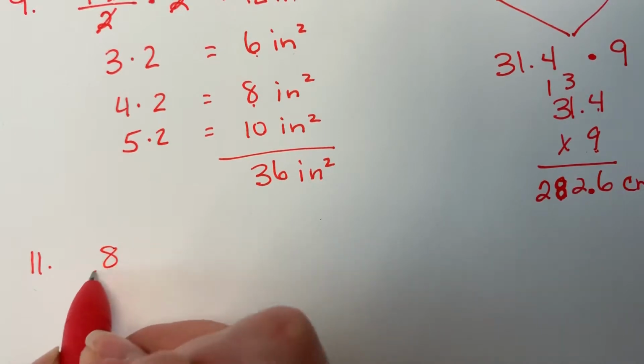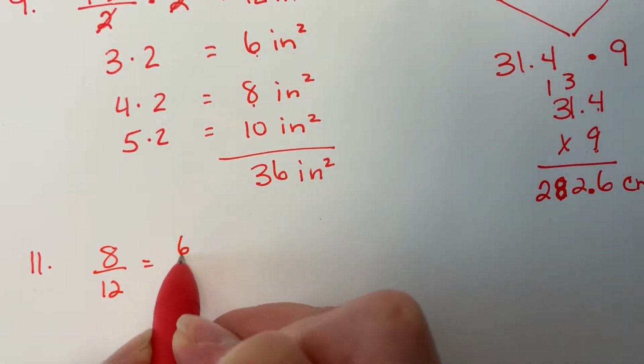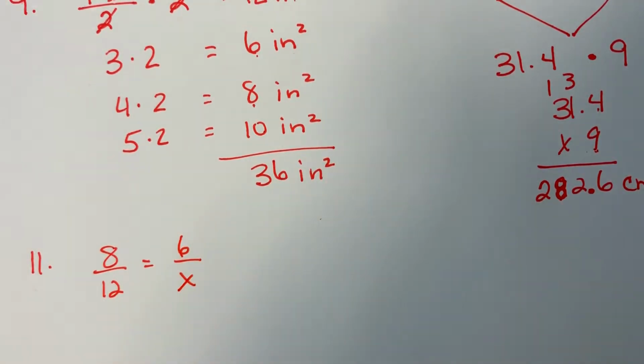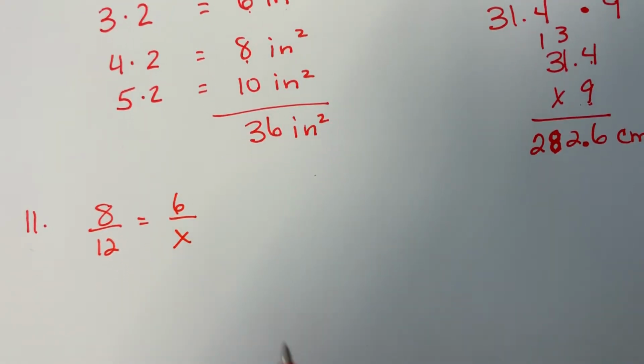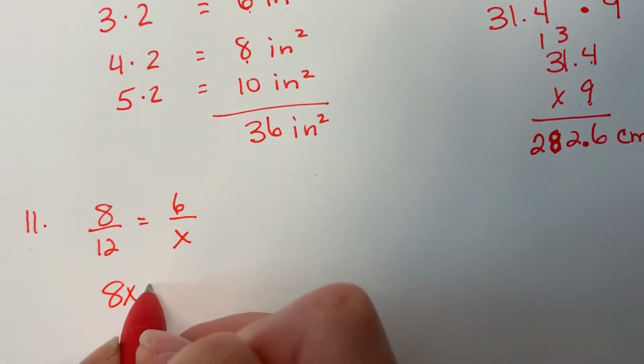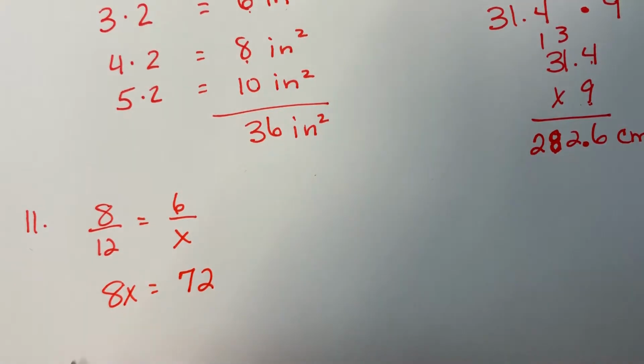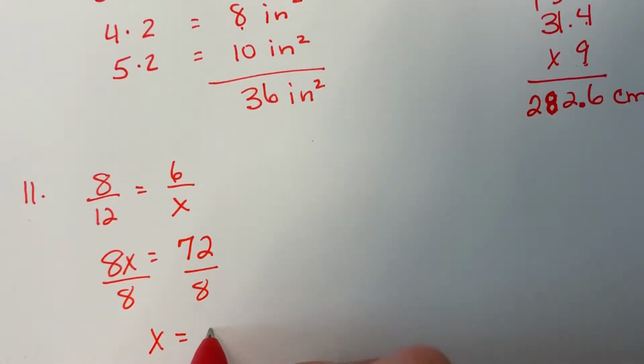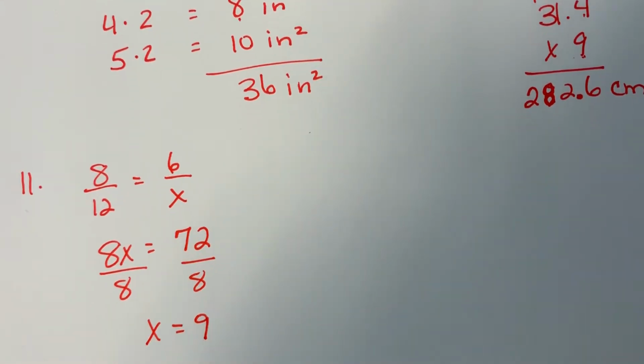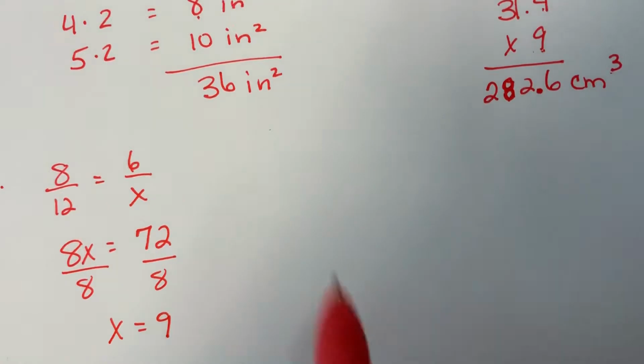So 8 over 12 equals 6 over x. Cross multiply this. We get 8x equals 72. Divide both sides by 8. X equals 9. And that is our answer. There's no unit of measure, so 9 will work.